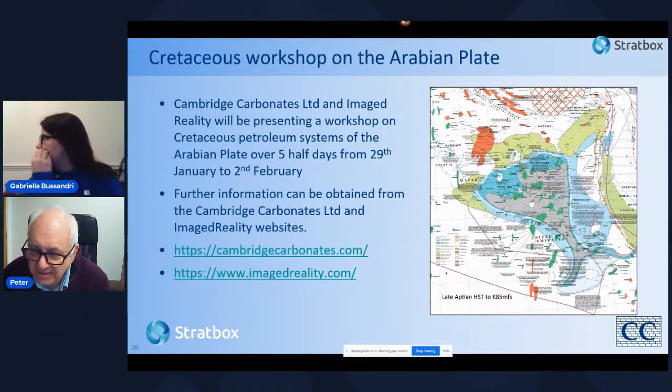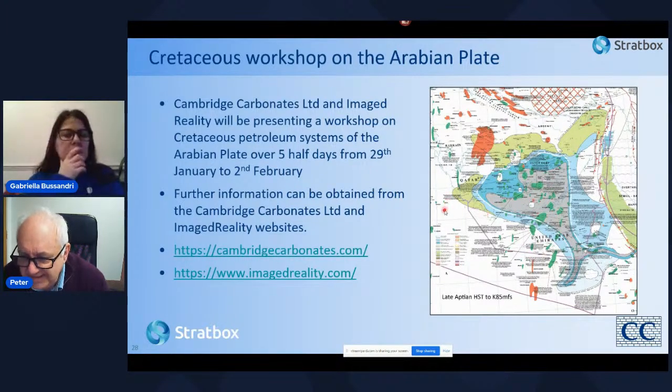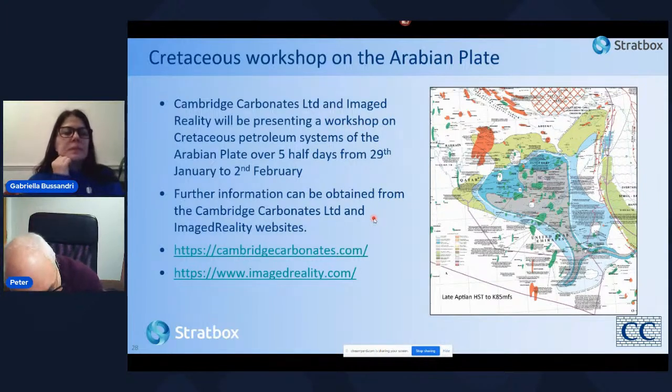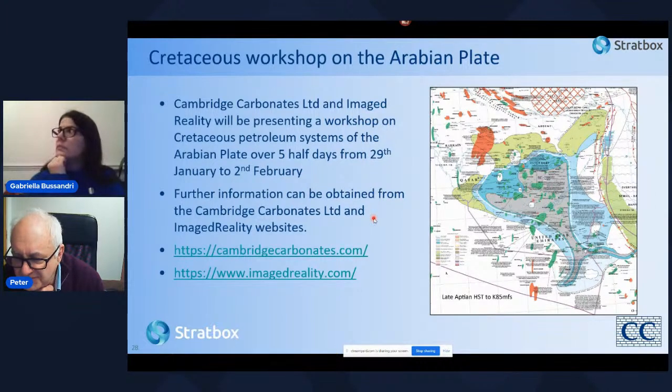So these are all mapped from published data, including wells, outcrops, constrained by seismic lines, as much public data as we can get our hands on.